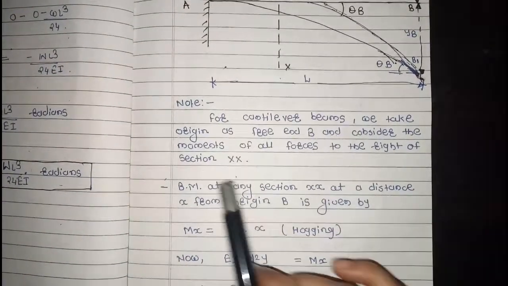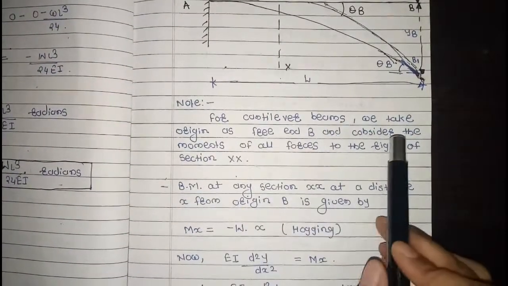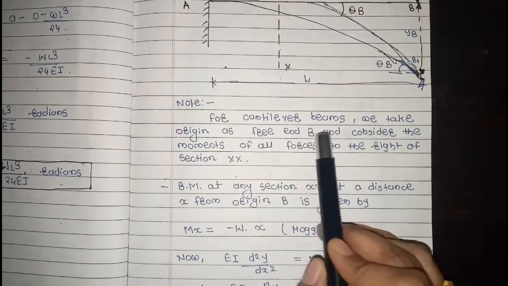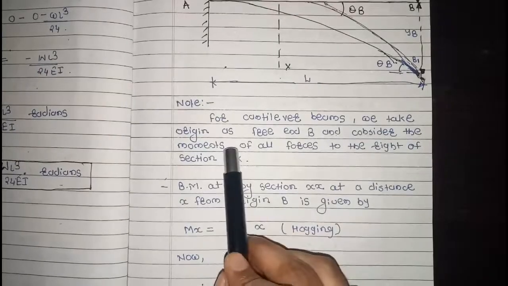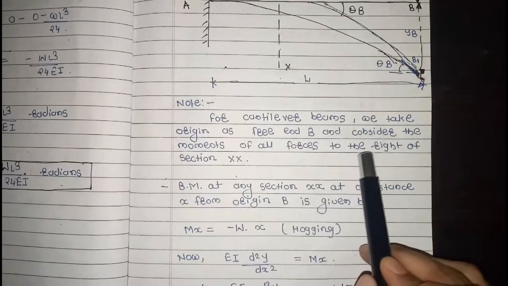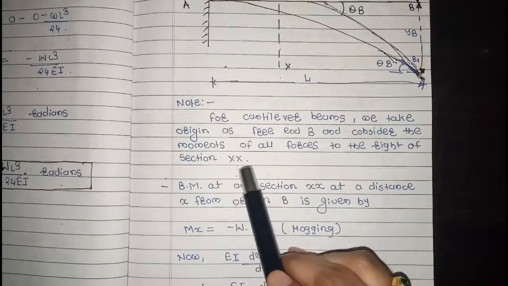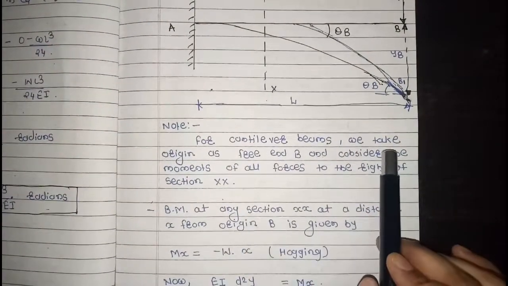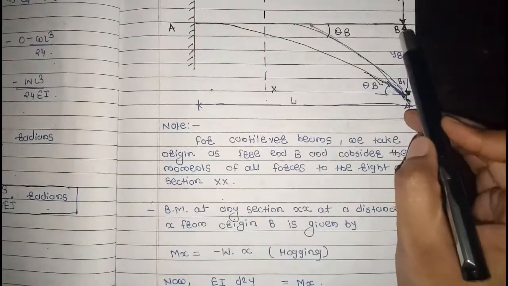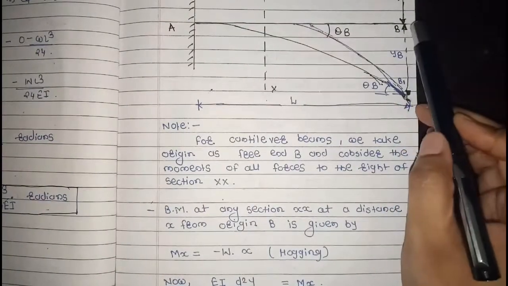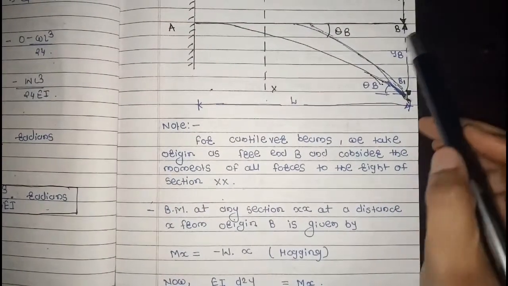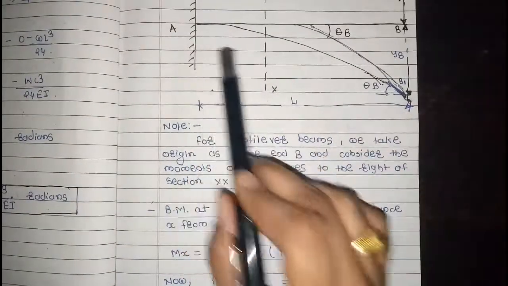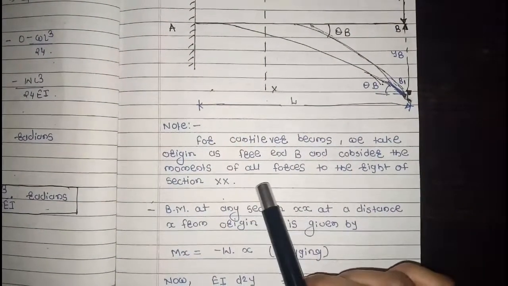Note, for cantilever beams we take the origin as the free end point, meaning B, and consider the moments of all forces to the right of section XX.